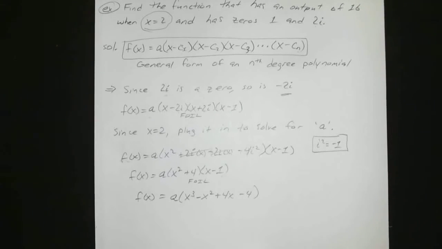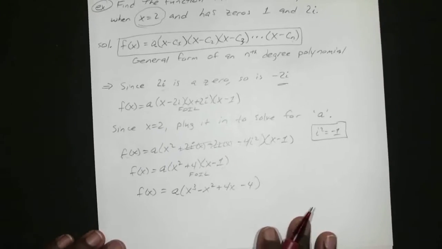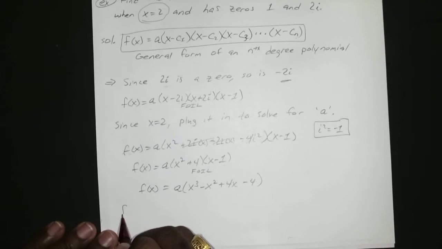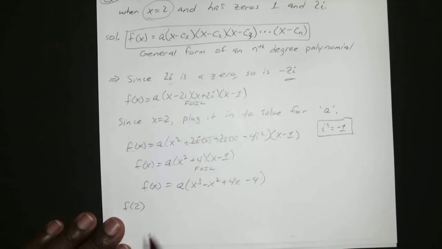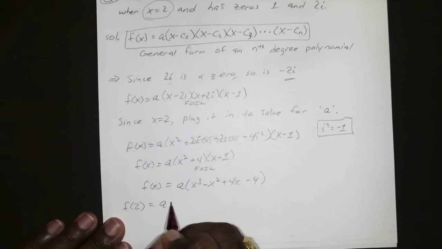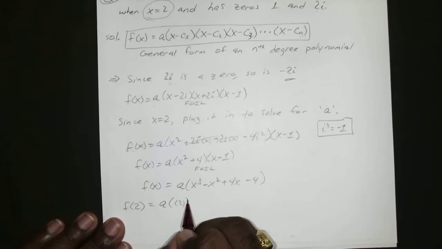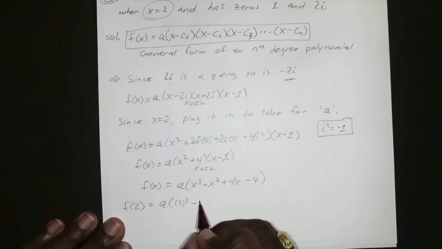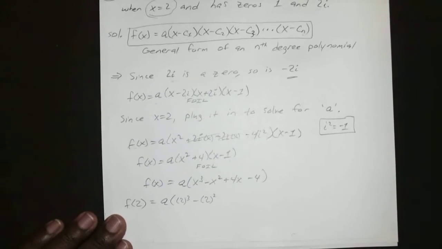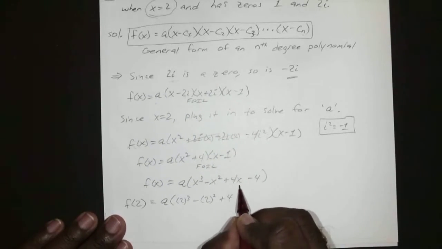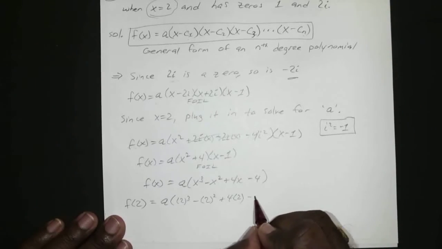Okay. So that's a little bit easier to find f of 2 than when it was in the previous form, because now you don't have to deal with the 2i's and negative 2i's and all of that. So f of 2 is going to equal a times x to the third, we'll say 2 to the third, minus x squared, which is 2 squared, plus 4 times 2, minus 4.